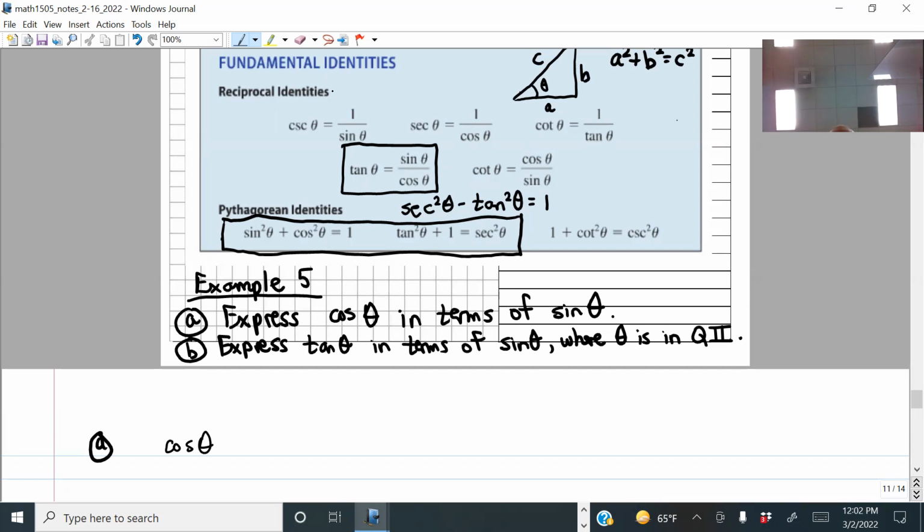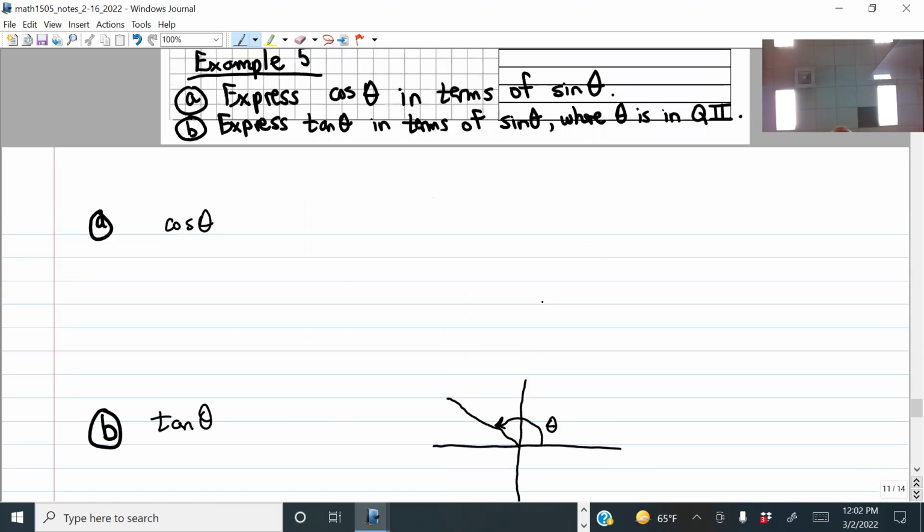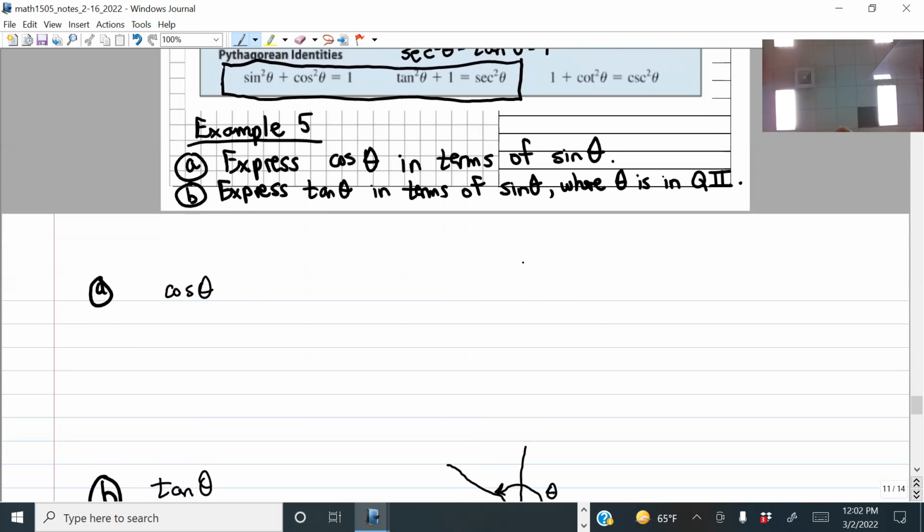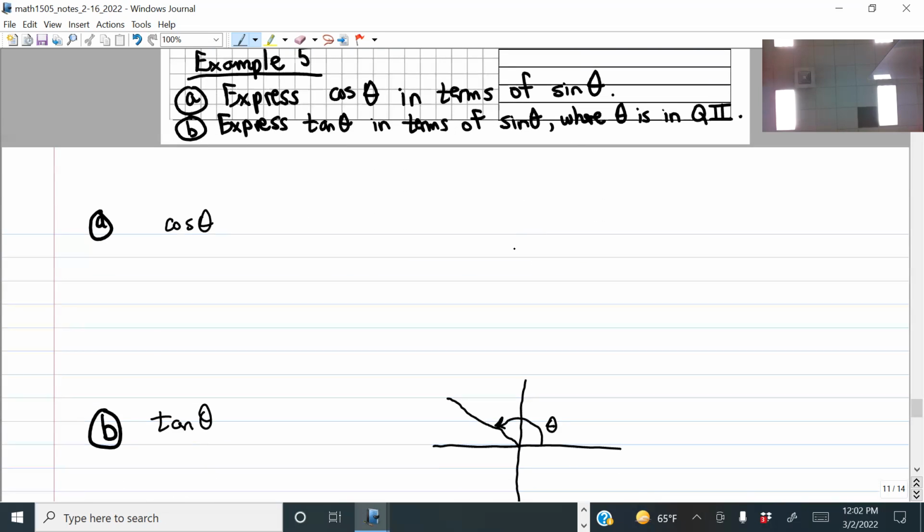Let's look at this example and see what they're asking us to do. These are going to refer to these identities. It says express cosine theta in terms of sine theta. So we want to write down the cosine theta, but as an expression that only involves the sine.